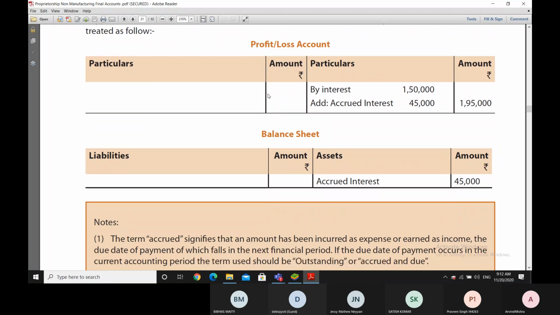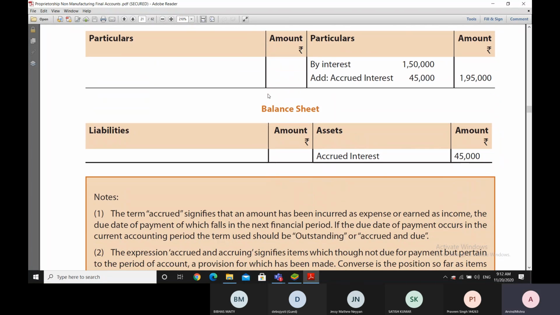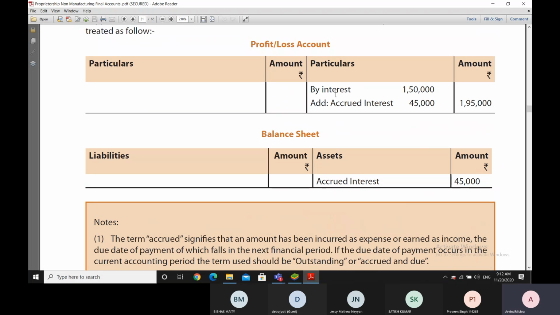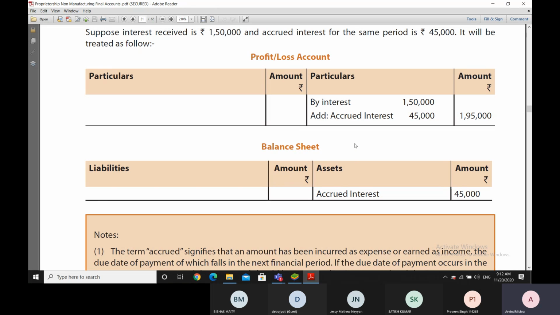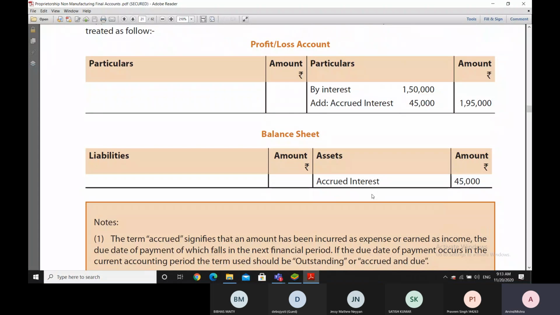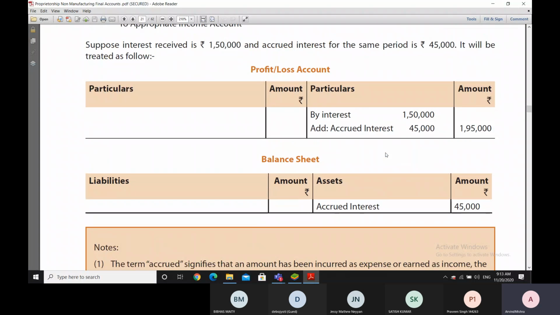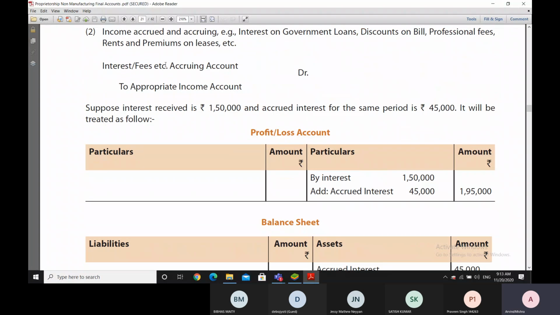And so as you can see here, the profit and loss account has been credited with an accrued interest amount of 45,000, and this accrued interest is also showing in the balance sheet here, because we have transferred this accrued interest which was there in this interest fees, etc., accruing account.